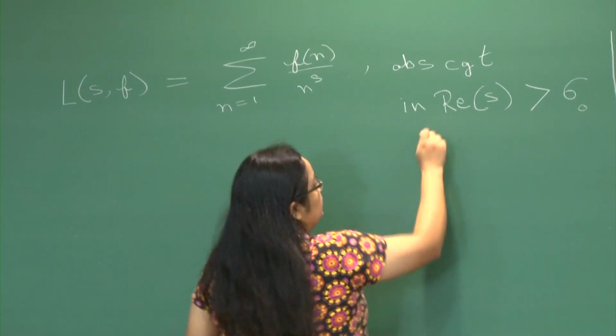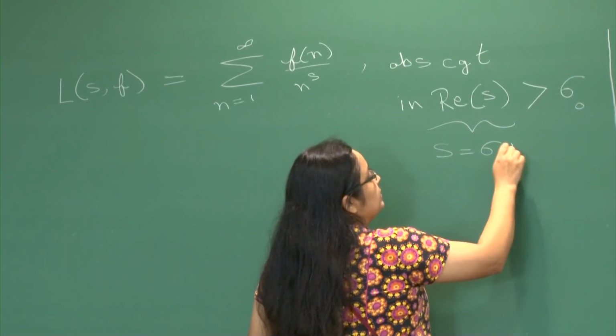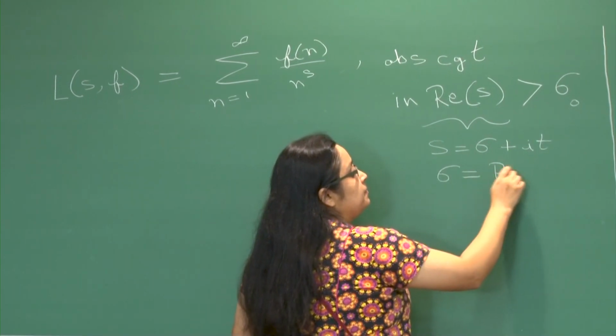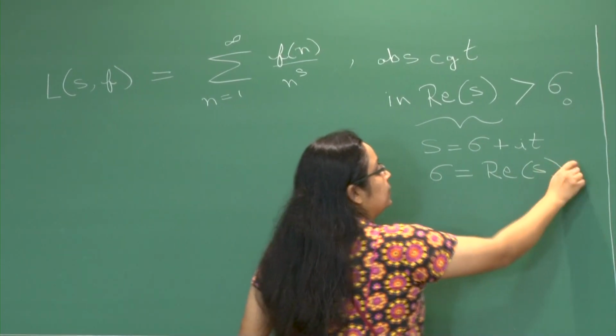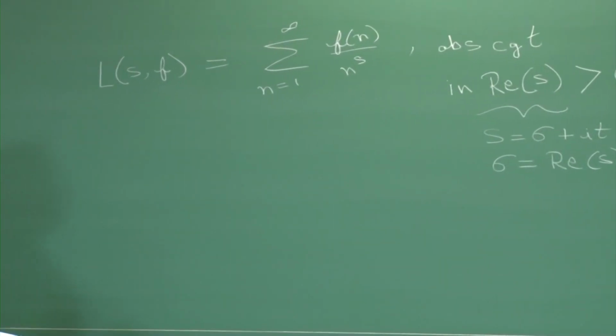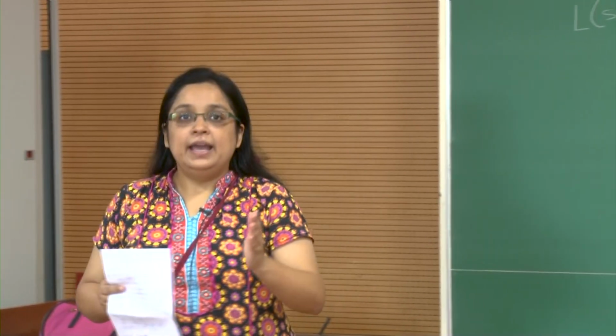Okay. And typically, we write s as sigma plus it, and we use the notation sigma for the real part of s. So, henceforth, whenever we talk about Dirichlet series, we proved last time that there certainly is a half plane in which it absolutely converges.